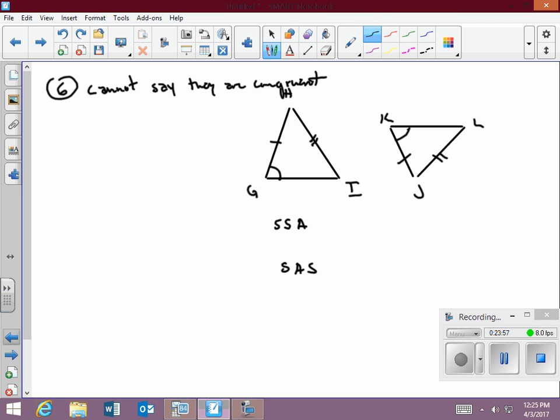This is a non-included angle. Oh, you mean the angle must be between the two congruent sides? That's right. Gotcha. Thank you, gentlemen.